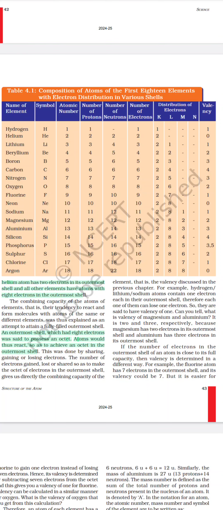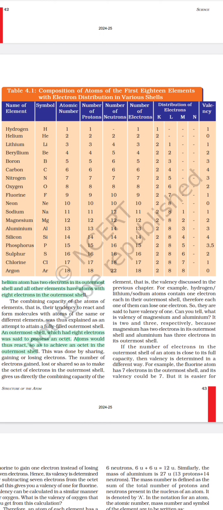Here, Table 4.1: Composition of atoms, the first 18 elements with electron distribution in various shells. Name of element, symbol, atomic number, number of protons, number of neutrons, number of electrons, distribution of electrons in K, L, M, N shells, and valency.